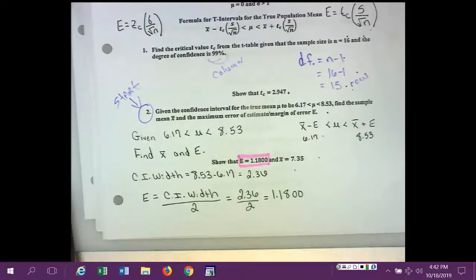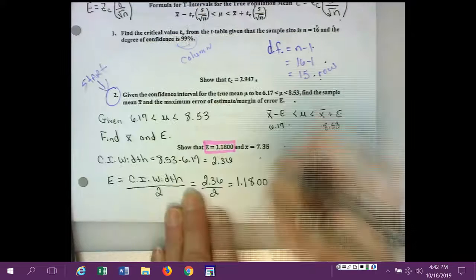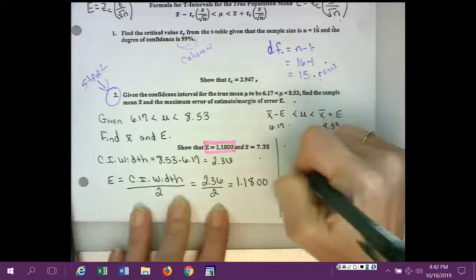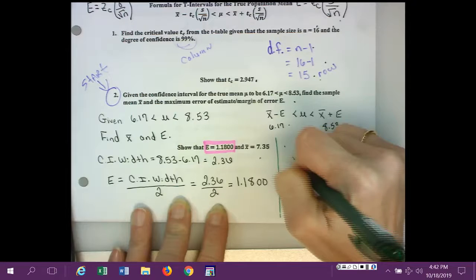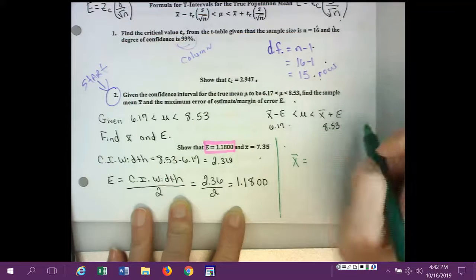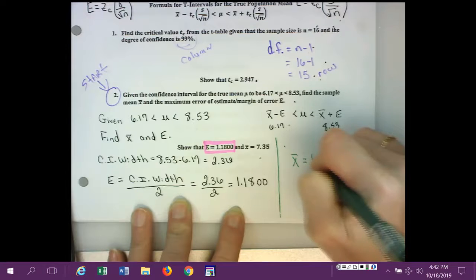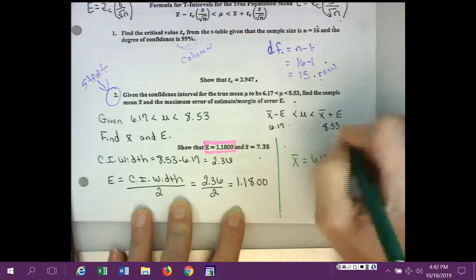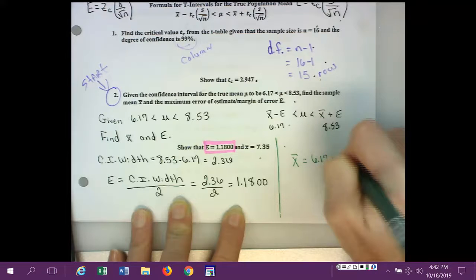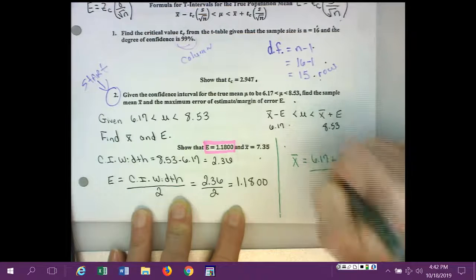Now let me show you how to verify that the sample mean is 7.35. The sample mean is going to be the average of the 6.17 plus 8.53 divided by 2.